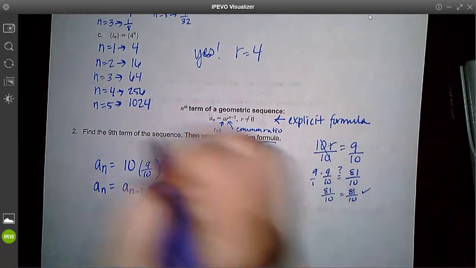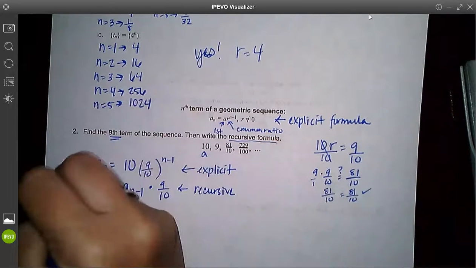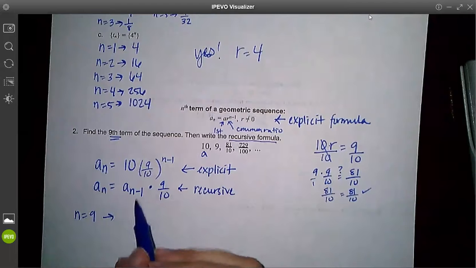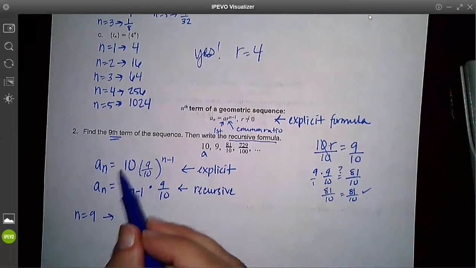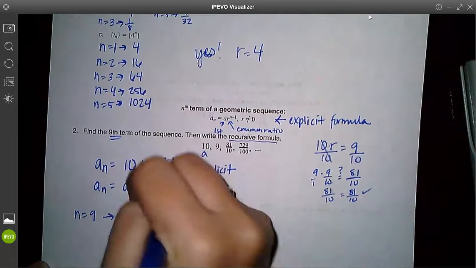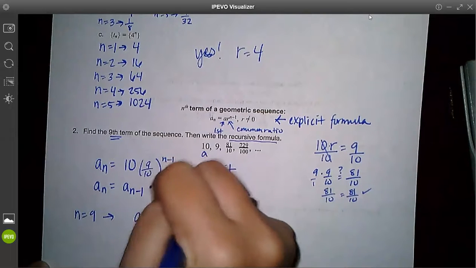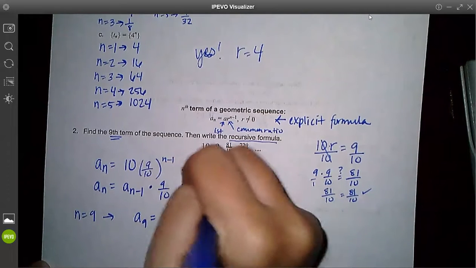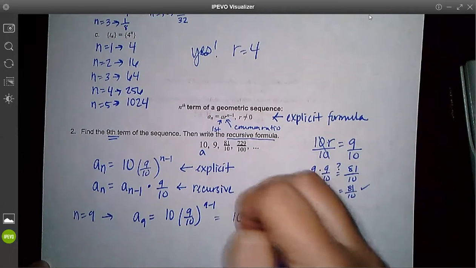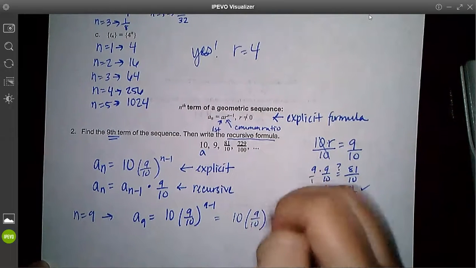So to find the 9th term of the sequence, I'm saying n equals 9. Here I either have to know the 8th term, or I can plug it into my explicit formula. So A sub 9 is going to equal 10 times 9/10 to the 9 minus 1, which is 10 times 9/10 to the 8th power.